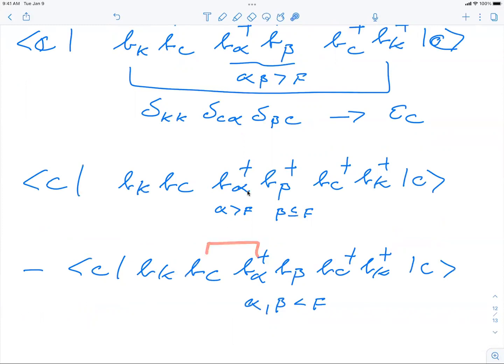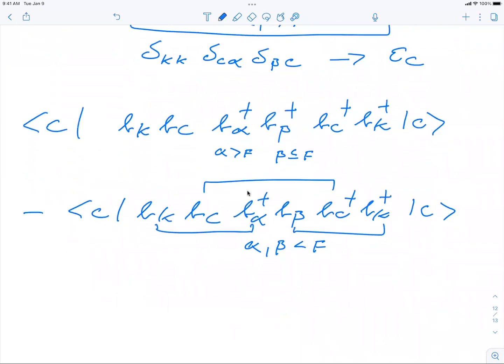And C and alpha have to be 0. So the only contractions which now are possible are the contractions where I let C go to C, and then I have to have beta and like this. And that's going to give us a Kronecker delta of K with alpha and delta K with beta plus delta C of C. And that leads to minus epsilon K.